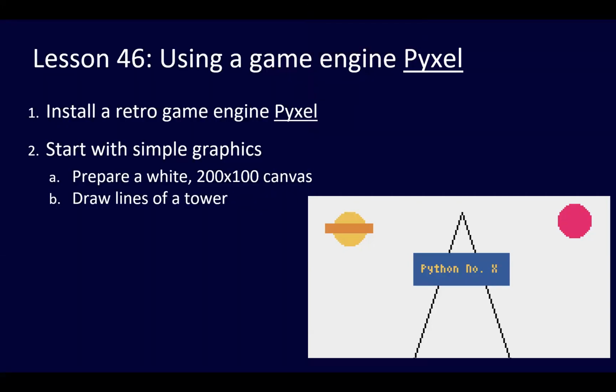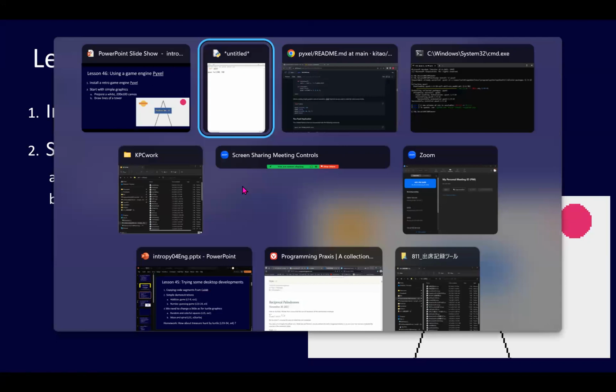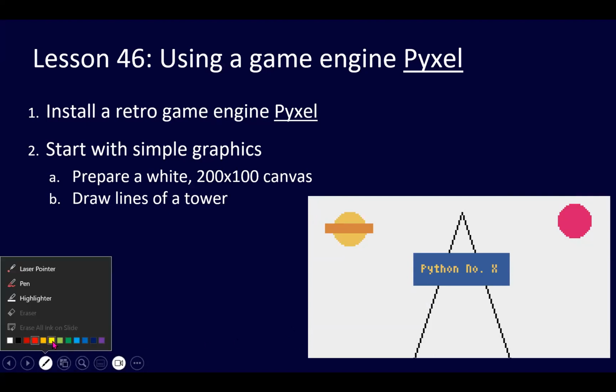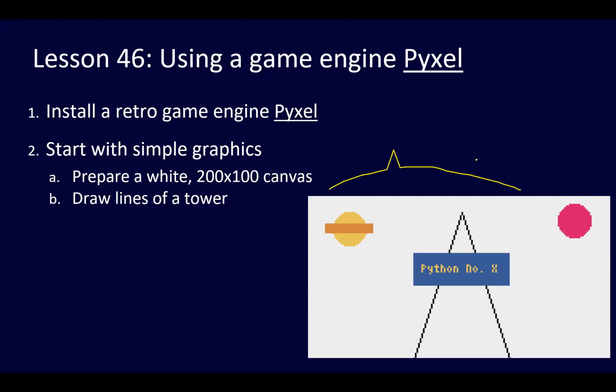And then draw lines of a tower. You see these lines to symbolize a tower. Okay, so maybe the canvas is 200 by 100. So this is 200. Oops, something is wrong. Okay, and this is 100. So maybe the center point is like 130.